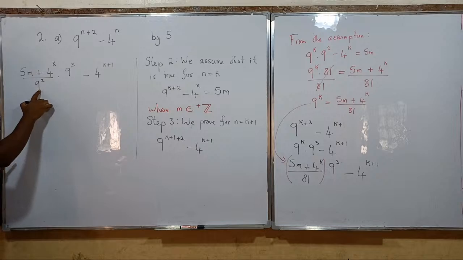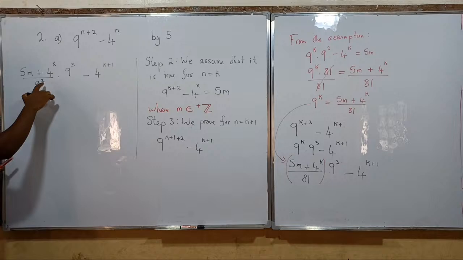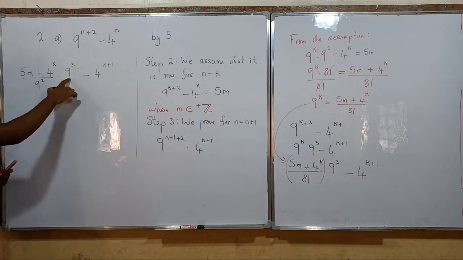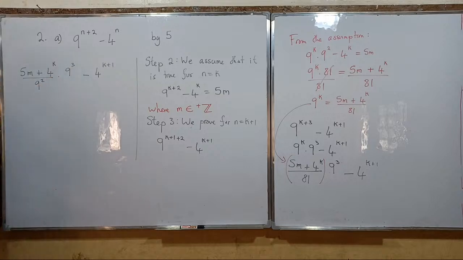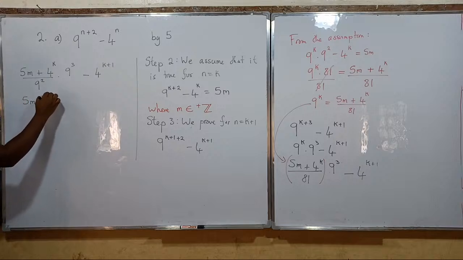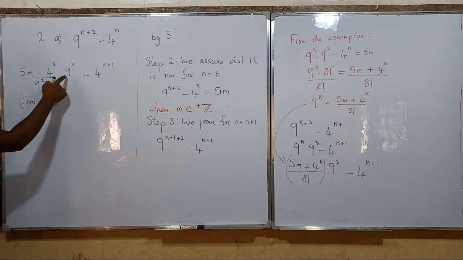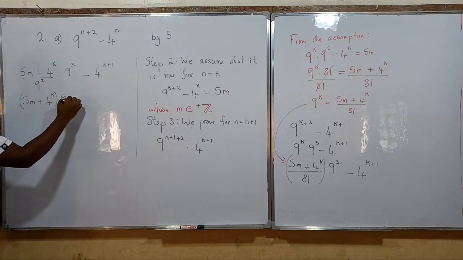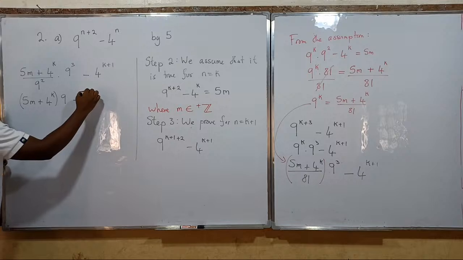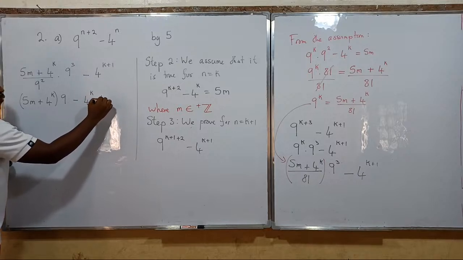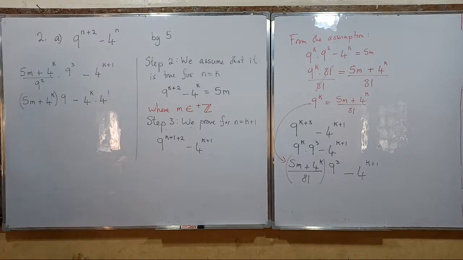Since we have 9 squared here, the 81, and here we have 9 power 3, the square can cancel with the square. What remains here is just a 9. So this becomes 5m plus 4 to the power k, in brackets, times 9, minus 4^k times 4^1. Divisibility has some process, but you can follow it if you just go through the steps.